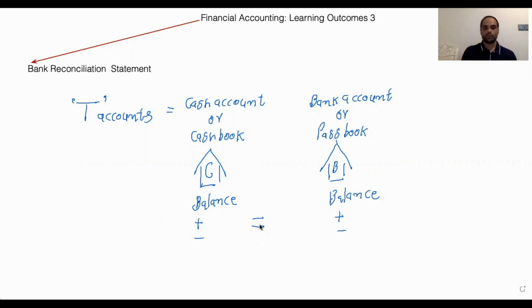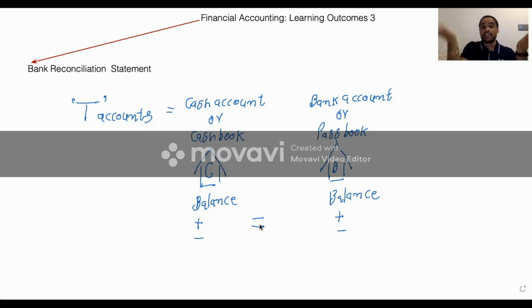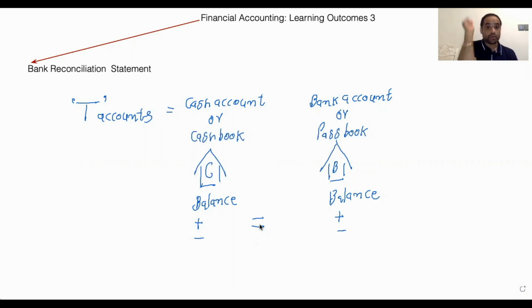The example I give you, it should be equal, of course. As I said, when you deposit money, your cash account increases. So obviously money comes in to your bank account because you deposit that money in the bank, right? When you make a payment to a supplier, your cash goes out, meaning you use your bank to withdraw and make a payment to the supplier, right?